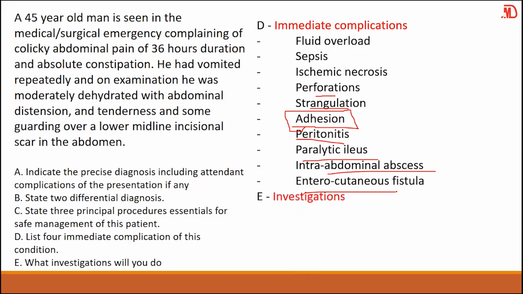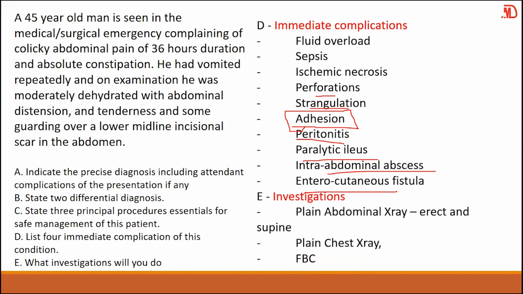So investigations. Basically you do an abdominal x-ray. This can be erect and supine. So abdominal x-ray, then you do a chest x-ray. Now, why you also have to do a chest x-ray is it can help you to locate a perforation.